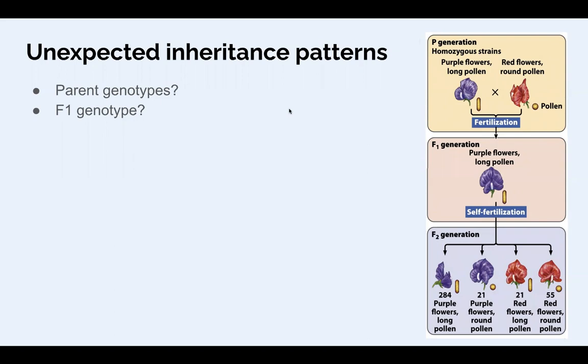So which allele is dominant? Well, it's whichever one shows up in the F1 individual. So this is consistent with a P for purple, let's say big P, and then long pollen also showing up in the F1 individuals. So this is purple, long by red, round.